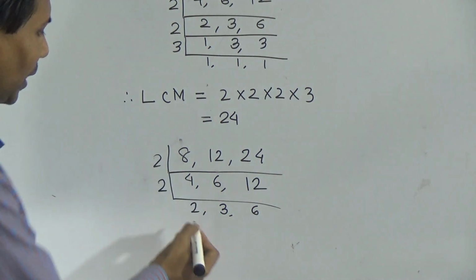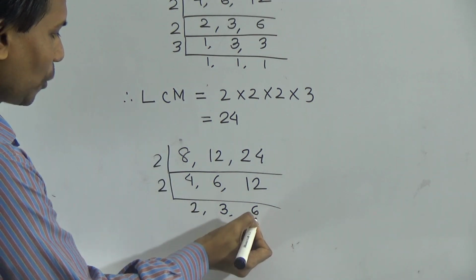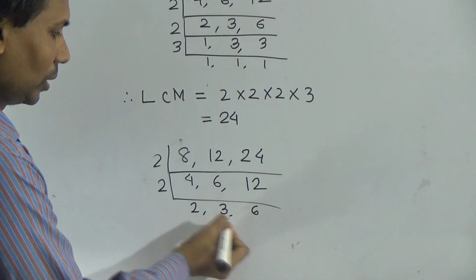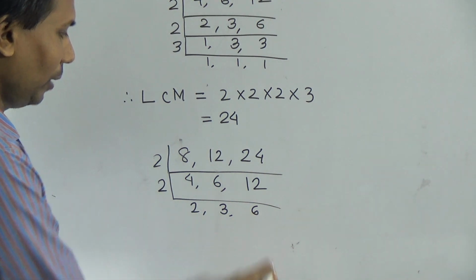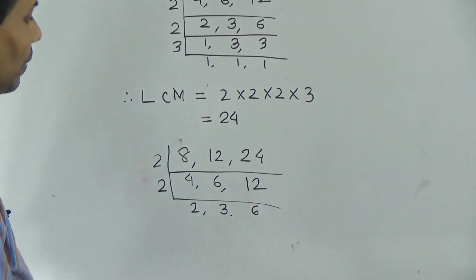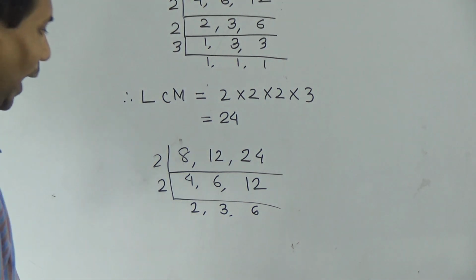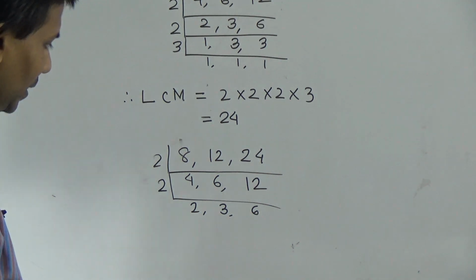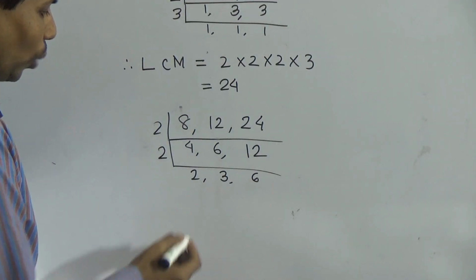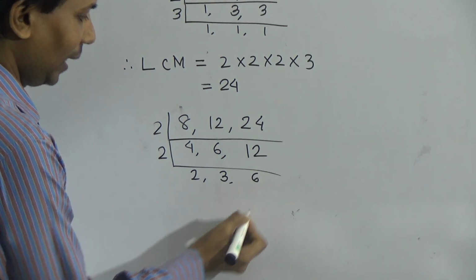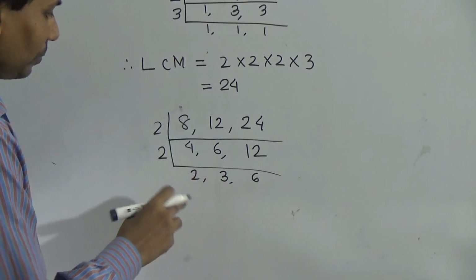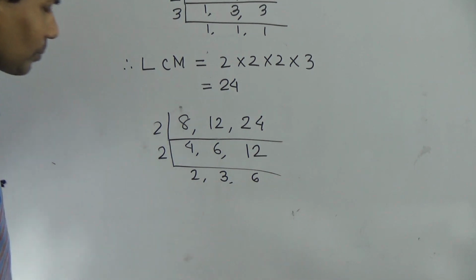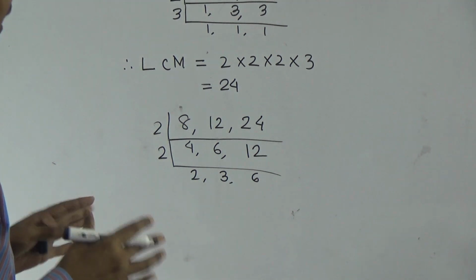Now look, this is divisible by 2, this is divisible by 2, but this is not. Similarly, this is divisible by 3 and this is divisible by 3, but not all. So we cannot proceed again. Repeat again: when all the numbers are divisible by the selected prime number, then it is applicable for HCF.